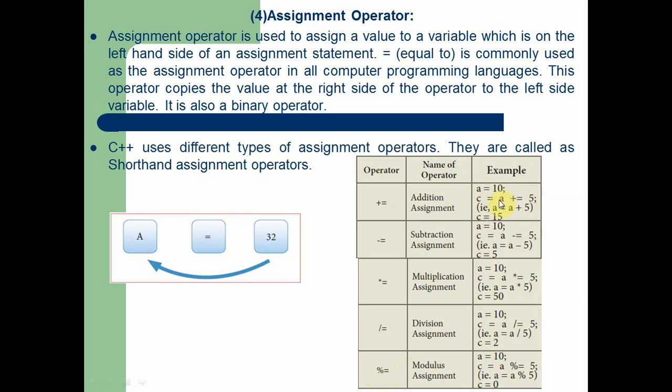So what will be the answer? 10 plus 5 is 15, which is stored in the variable a. So the a value is 15 and which is stored in the variable c. In the same way, a minus equal to 5. So the value of a is 10. 10 minus 5 is 5, which is stored in the variable a and which is again stored in the variable c. So you can see that.